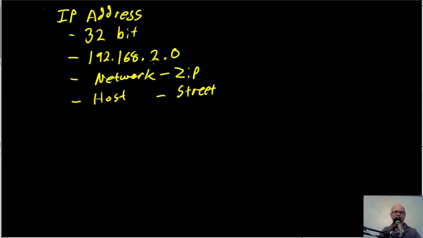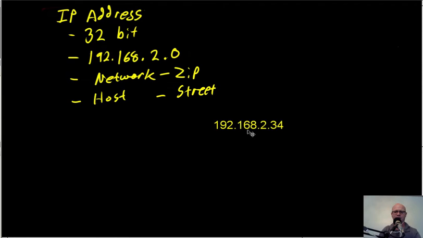Now, you might be thinking, well, how do I find out what portion of the address is a network portion and what portion is a host portion? Let's say we have an address here, 192.168.2.34.